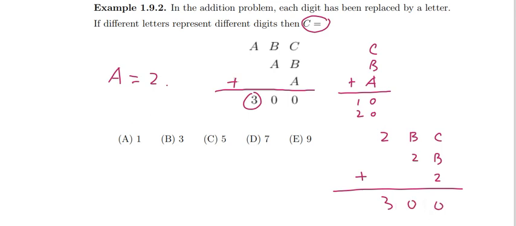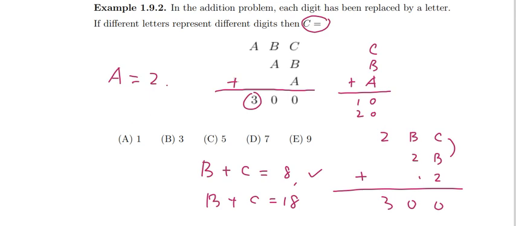So b plus c can be, let's say, 8, or can be 18. So we check which one. If b plus c equals 8, then this becomes 10, right?